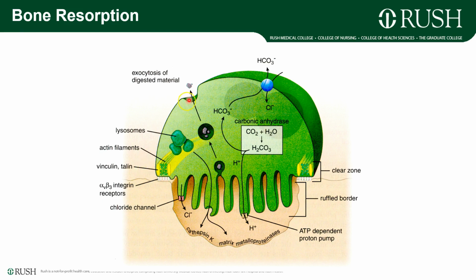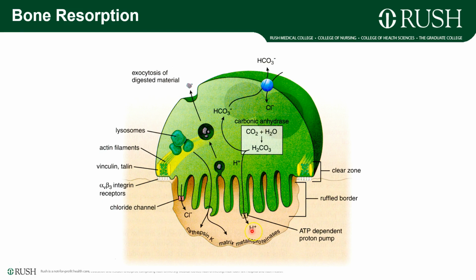So the thing to remember here is that these cells are able to move ions from outside and generate protons, and then move them down into an area where the resorption is going to take place. And to allow that efficient excretion as well as resorption of material, the surface of the cell is extended out, and it's referred to as the ruffled border, so to increase the surface area.